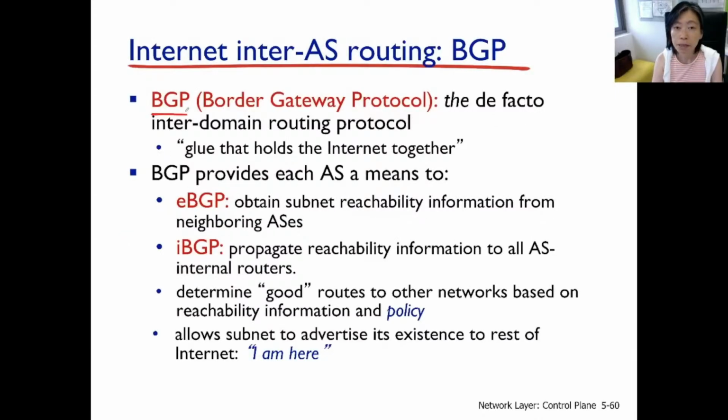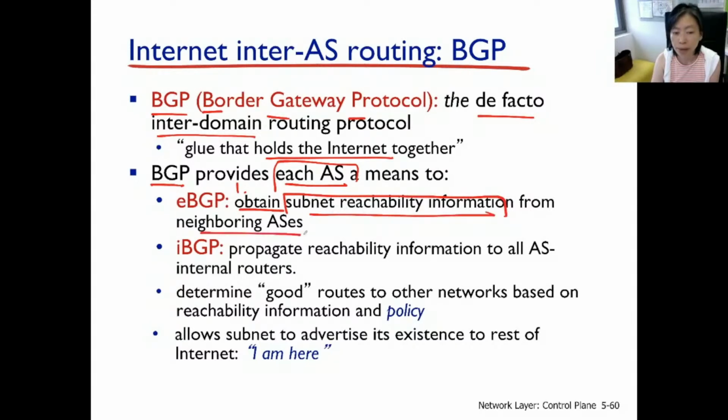BGP stands for Border Gateway Protocol. And once again, it is the one and only inter-AS routing protocol that's holding the internet backbone together. To be more precise, it allows each AS the following. First, it allows the gateway router for the AS to receive subnet reachability information from the neighboring ASs.